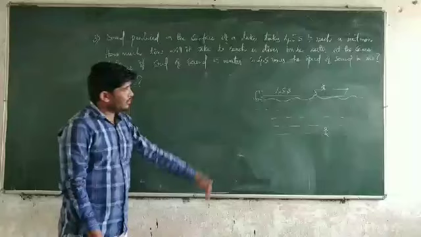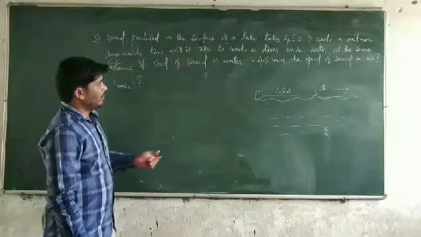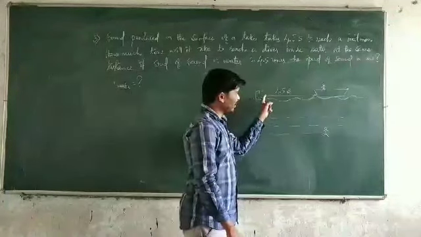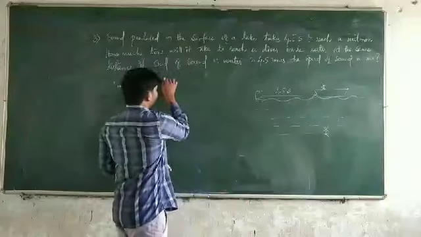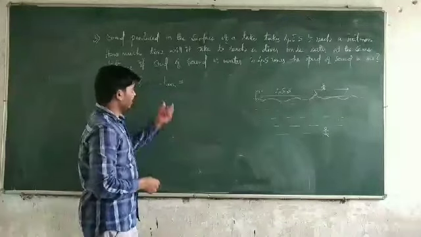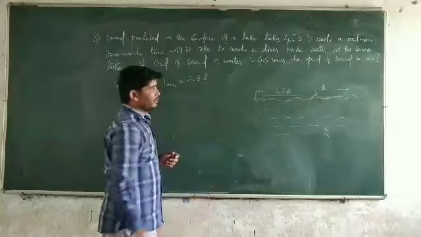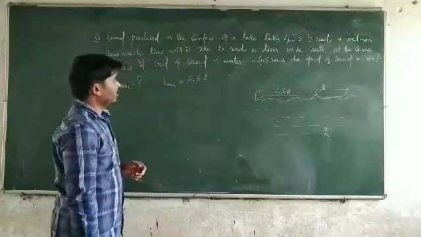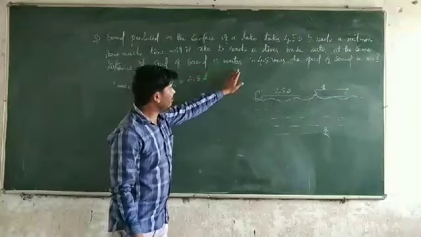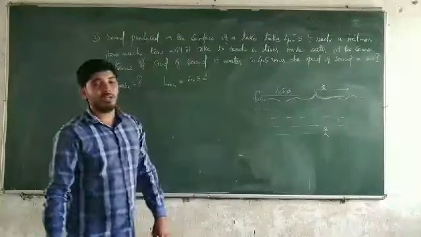Then see the question and what data are given. The time taken by the sound to reach the boatman, which means the sound is traveling in the air medium here, so T of air is equal to 4.5 seconds. Next they have given in the question that the speed of sound in water is 4 times the speed of sound in air.